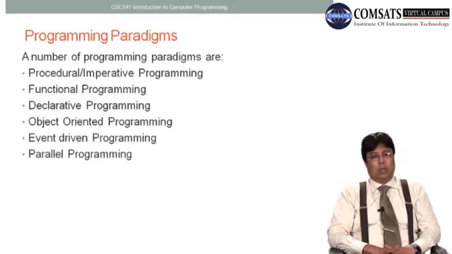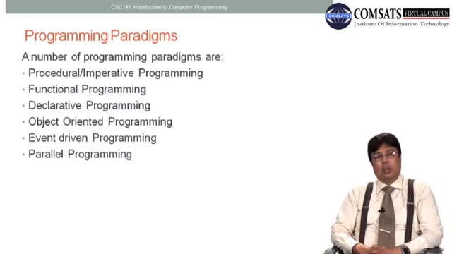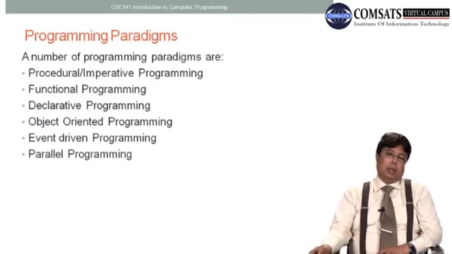But in this particular course, we will start with a procedural imperative programming language and will stay within that. In the next course you will study object-oriented programming. I will give you the introduction of object-oriented programming, and maybe at some other time I would also like to explain functional programming and other programming paradigms. So let's move forward with our procedural and imperative programming.